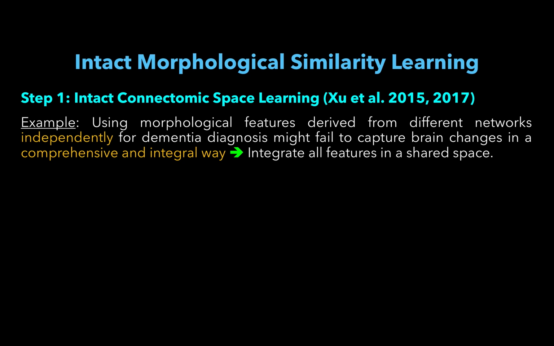To clearly understand the notion of intact connectomic space learning, we provide an example. So, using morphological features derived from different networks independently for dementia diagnosis might fail to capture brain changes in a comprehensive and integral way. So, to address this limitation, one can integrate all features by mapping them into a shared space.